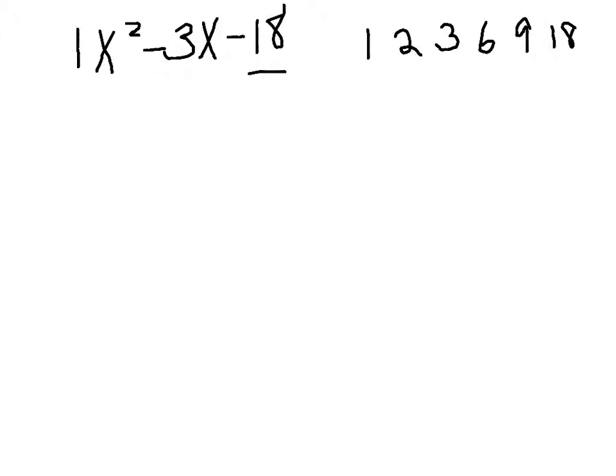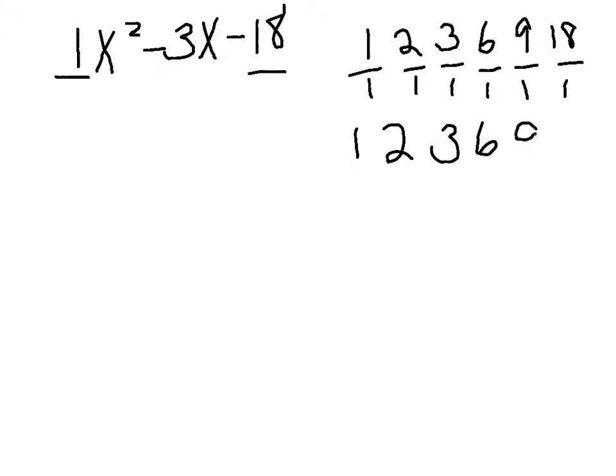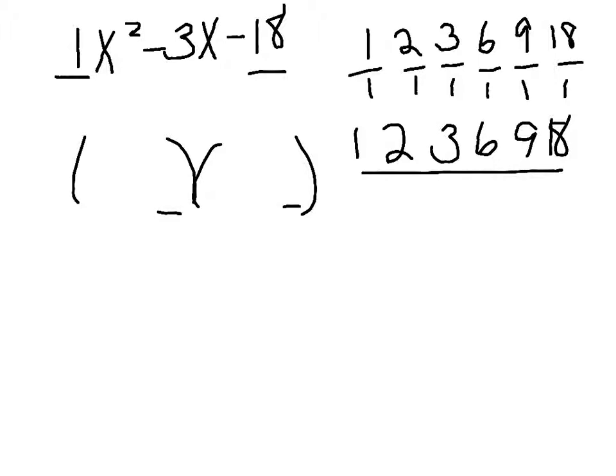And then if I put them over the factor of the leading coefficient, which is just 1, then all these numbers would really turn out to be just themselves, right? Still leaving us with 1, 2, 3, 6, 9, or 18. What that helps is that these numbers inside of here have to be one pair of those.